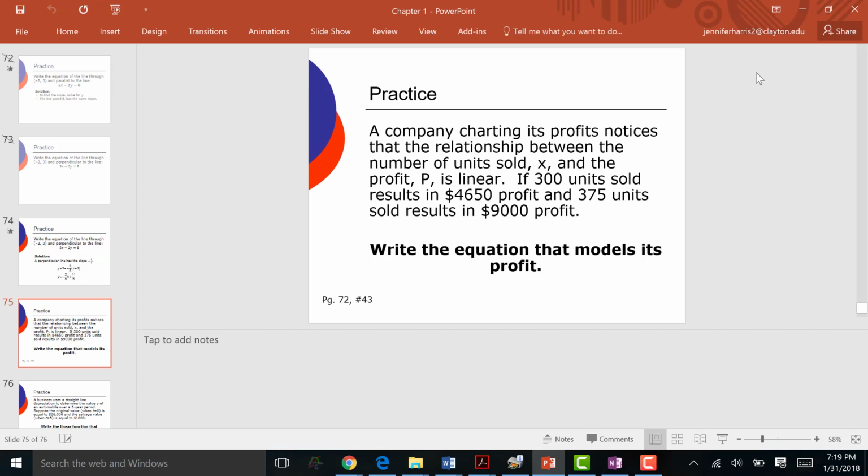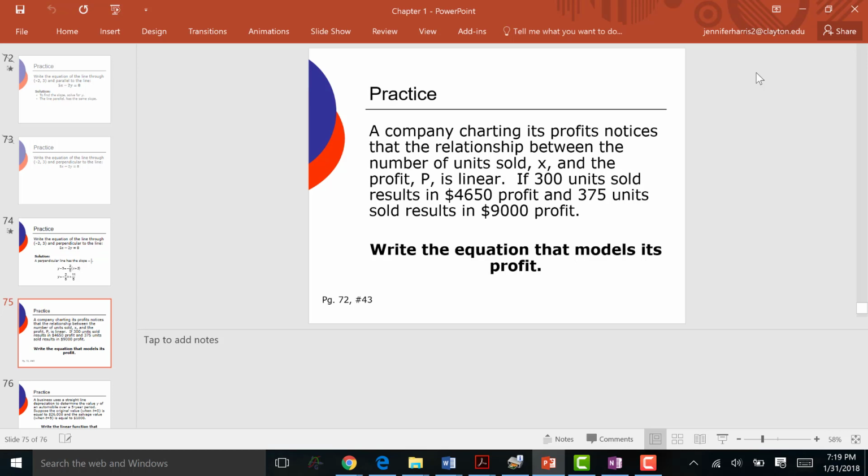Alrighty, multiply 58 times everything inside the parentheses, so that's going to be 58x. What's 58 times 300? Somebody do the math for me. 17,400. I need to get y by itself. Add what to both sides? 4,650. Okay. All right. Somebody do the math for me on this one.